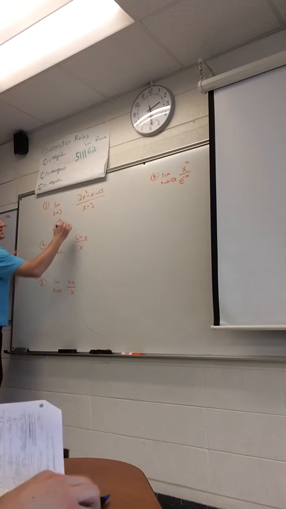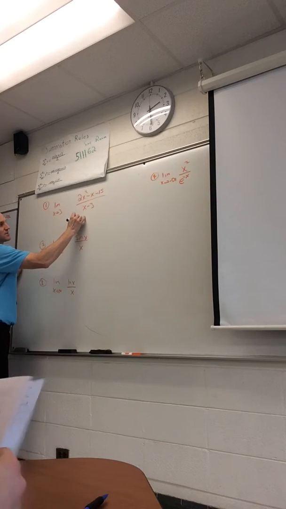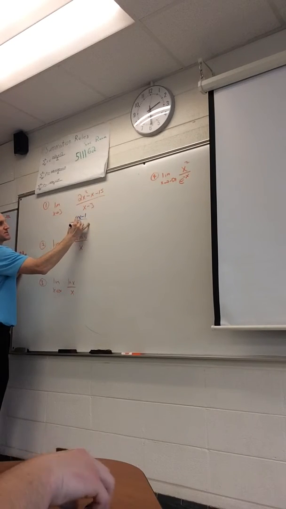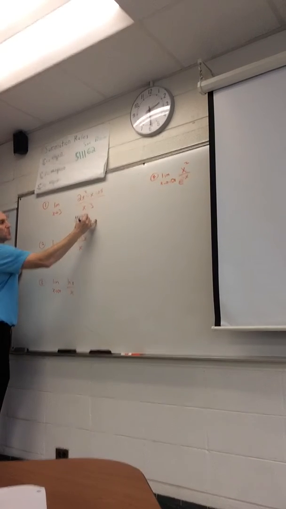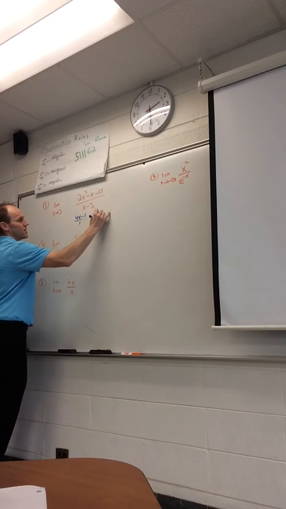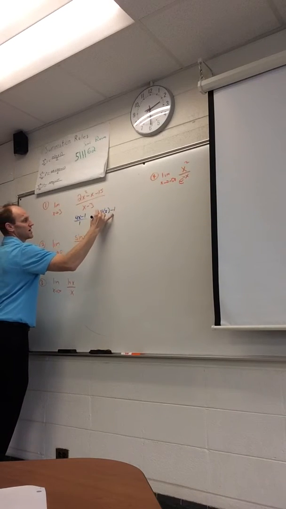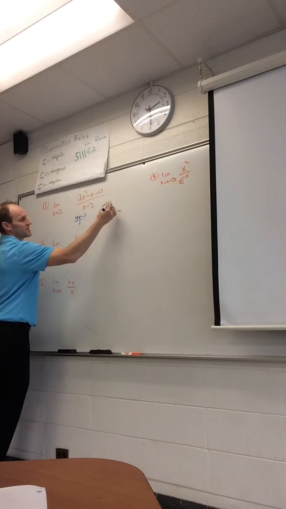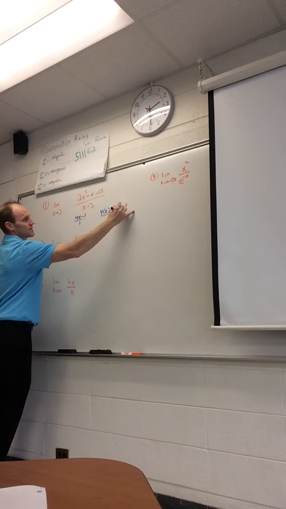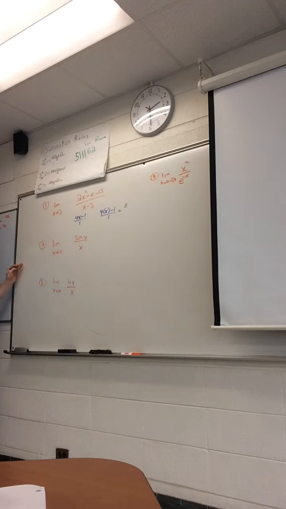The derivative of the top is 4x minus 1, and the derivative of the bottom is 1. So if I put 3 in now, I get 4 times 3 minus 1 over 1, and that is going to give me 11.